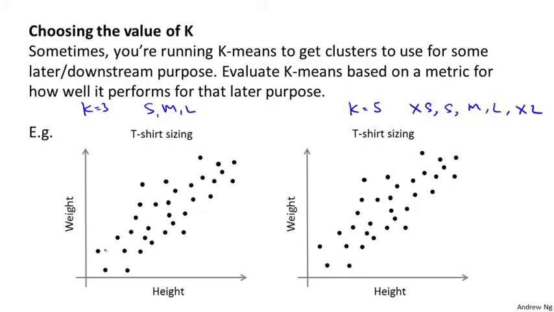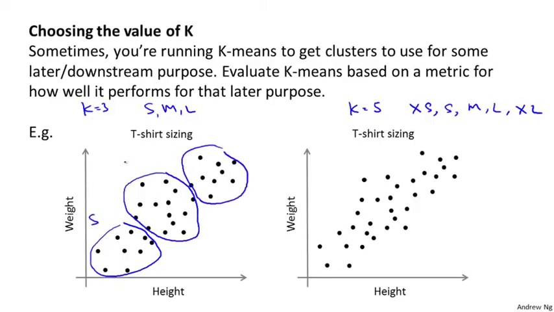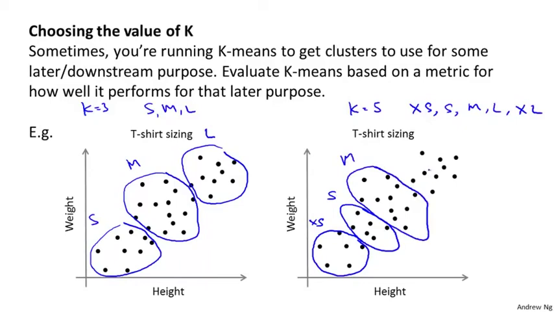So if I run k-means with k equals 3, maybe I end up with that's my small, and that's my medium, and that's my large. Whereas if I run k-means with 5 clusters, maybe I end up with those are my extra small t-shirts, these are my small, these are my medium, these are my large, and these are my extra large.